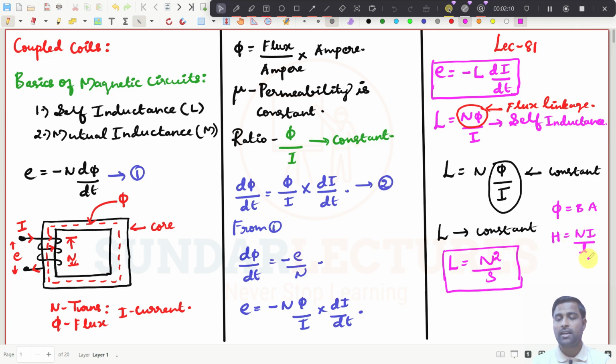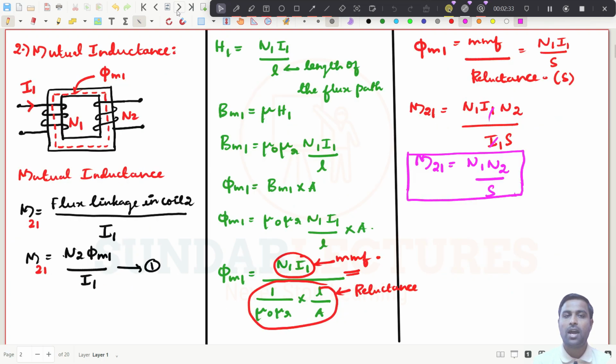So you substitute I value as HL divided by N, and you substitute both these expressions here, and also the value of B, you can write it as mu H. If you substitute and simplify, you will get N square by S. So this is also a constant value. That is the point you have to understand here.